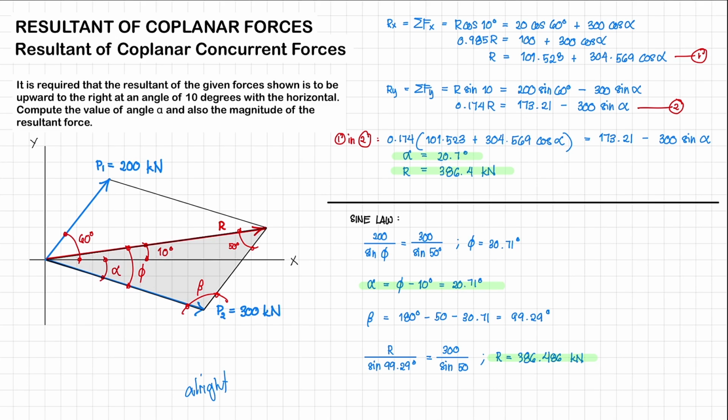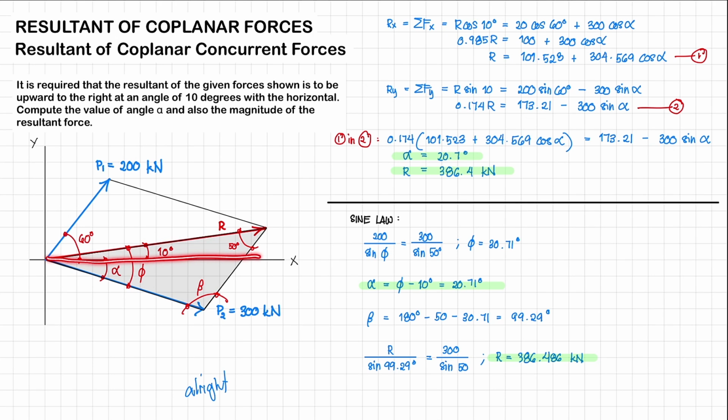So those are given from the problem. Focusing on those given, we can do our analytic method. Again, we're just going to sum up our horizontal forces so we could get the horizontal component of your resultant, and then sum up the vertical forces so that we could get the vertical component of your resultant. All right, so let's try that. For the summation of forces along the x-axis, all the horizontal forces, first let's consider the resultant.